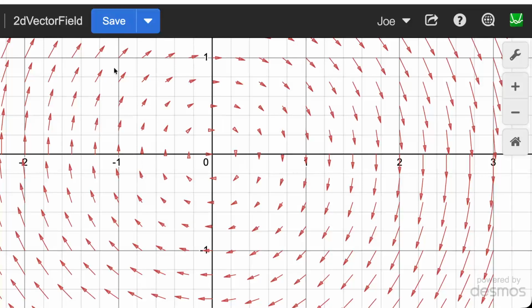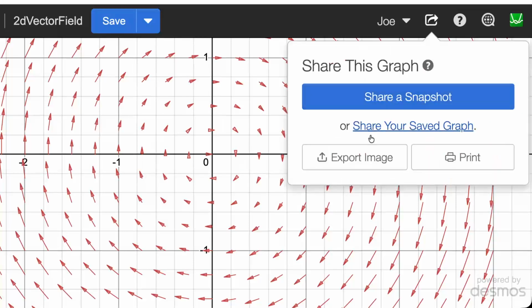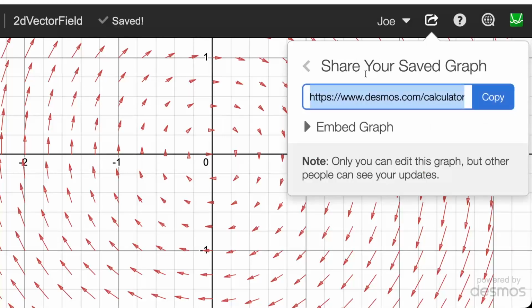There's lots of other fields you can build, so I don't know quite how to do this. Maybe if I hit the share button. I was hoping it would show a QR code, but it doesn't.